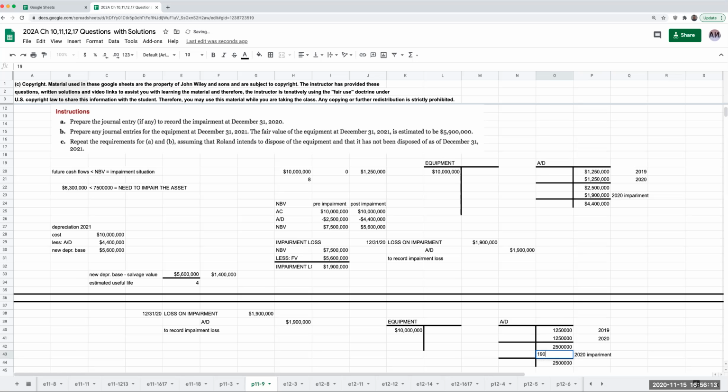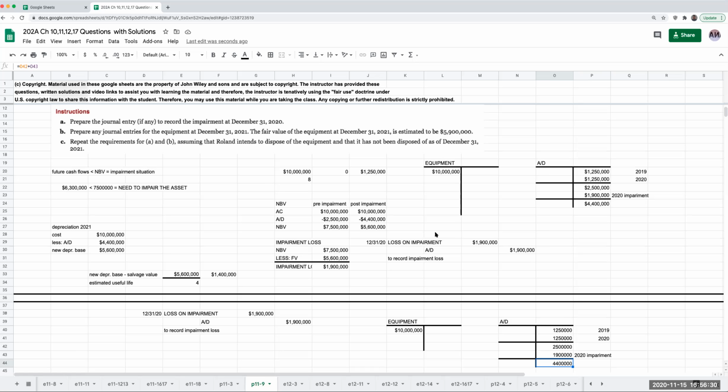I'm still going to record the impairment. If I had disposal costs, I would have to add this to the loss, but I don't have it in this situation. So assume that they intend to dispose of the equipment and it has not been disposed of.